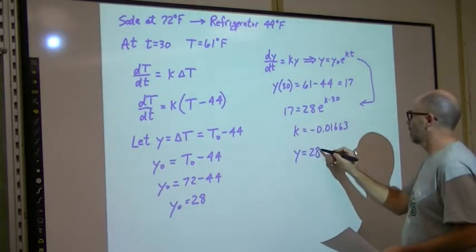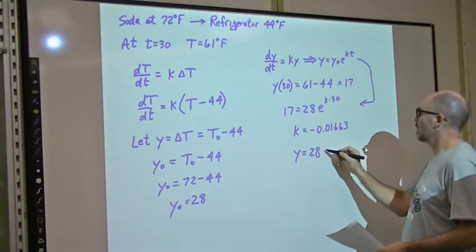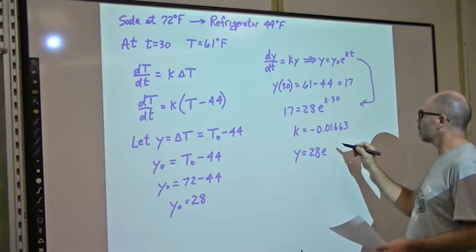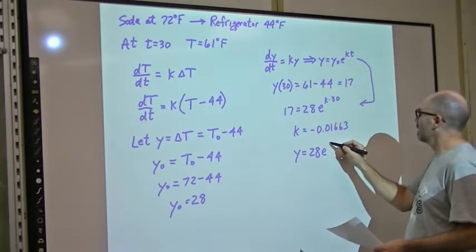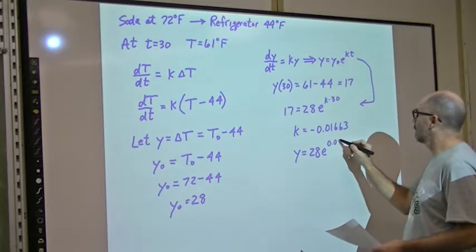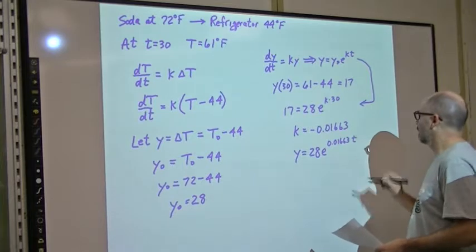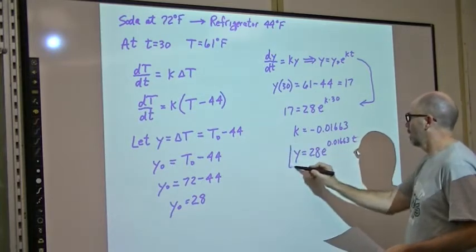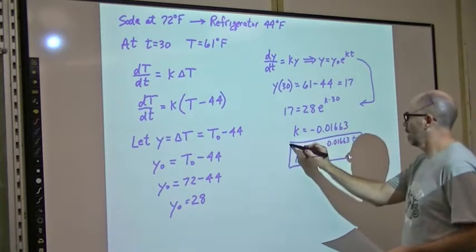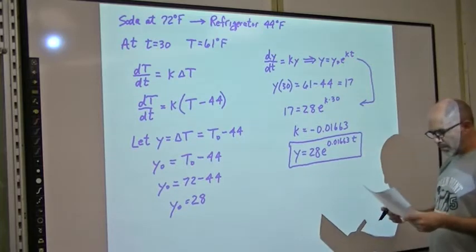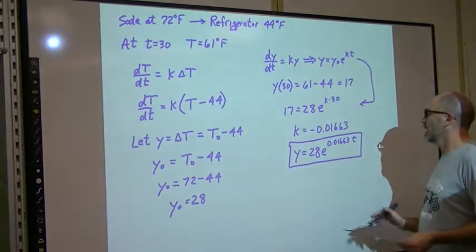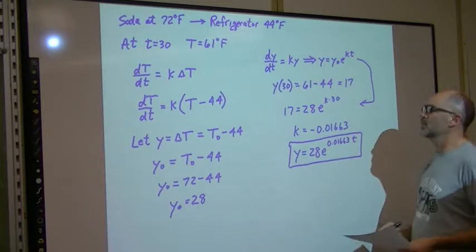Okay. All right. So y equals y sub 0 e to the kt. Now, this is temperature difference.